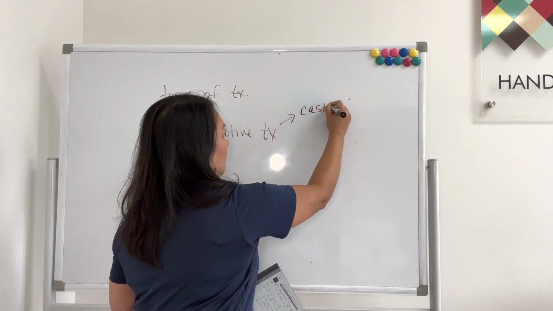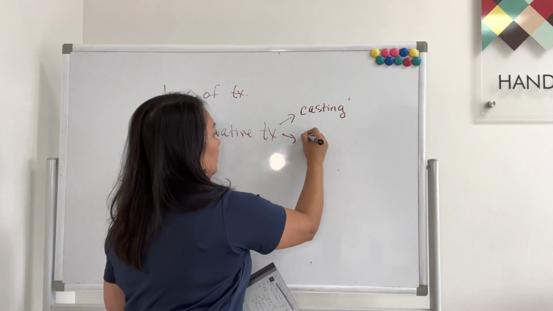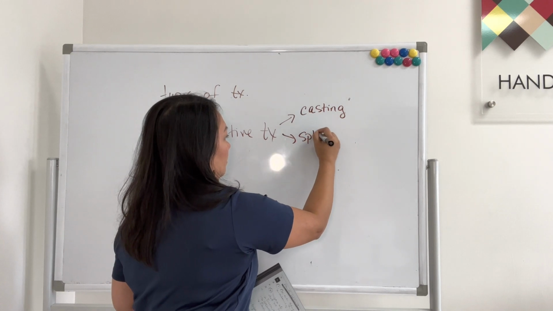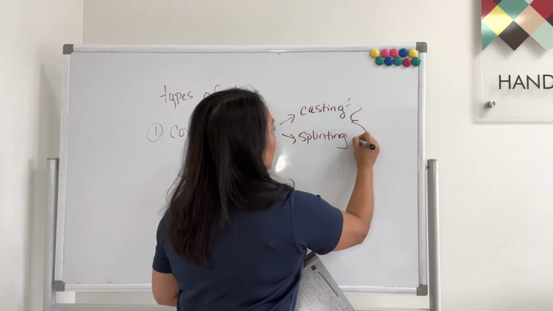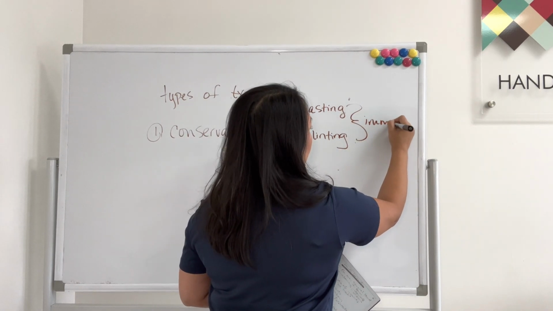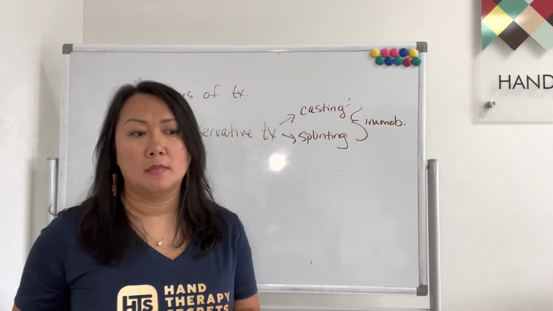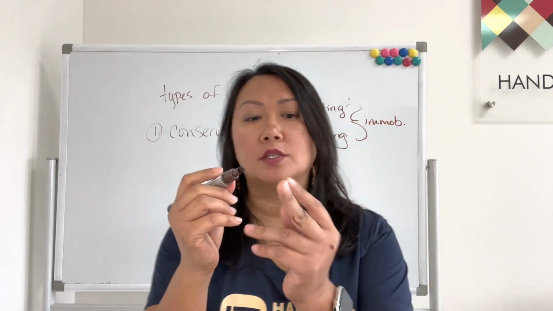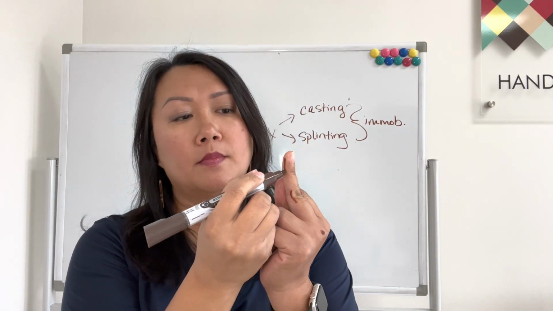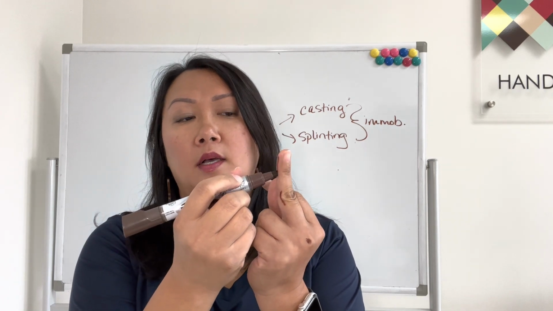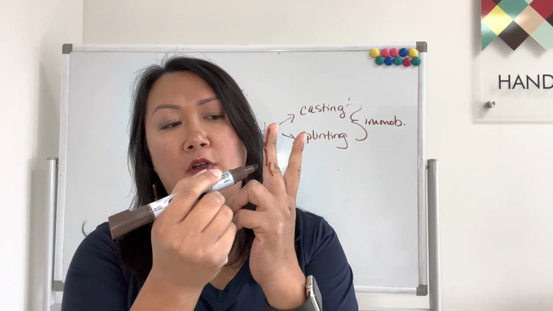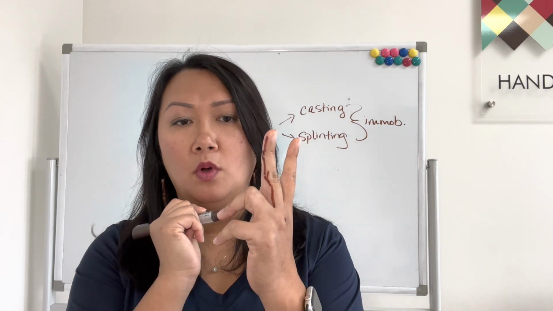Usually it entails casting or splinting. Right? They're very similar in the sense that they just want to immobilize you. So let's say you have a P3 fracture, and or a P2 fracture or a P1 fracture.